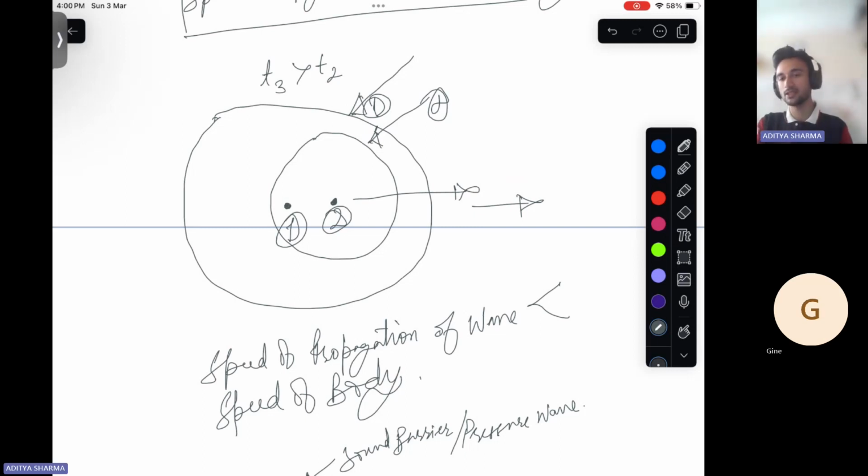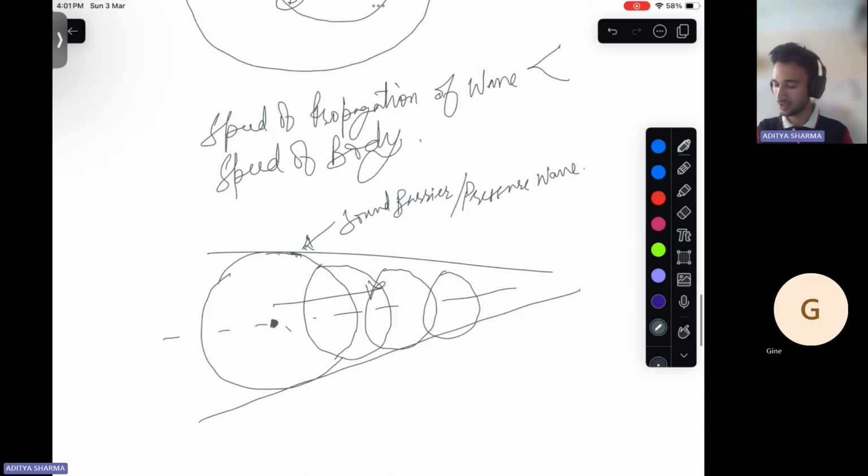So in that case, we can say that there is propagation upstream. If you see this point, this is ahead of this particular object. But if you see here, this is our disturbance, and this object has escaped this propagation wave, so the propagation won't be able to move upstream.